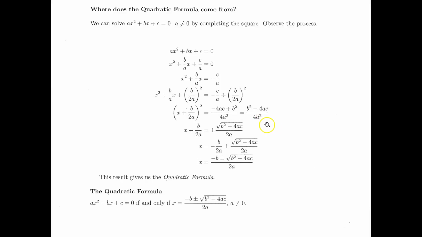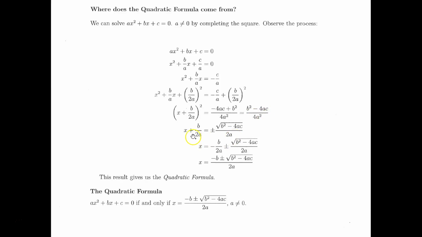We then use the square root property, and we take the square root of both sides. We have x plus b over 2a on the left-hand side, and plus or minus the square root of b squared minus 4ac over the square root of 4a squared. The square root of 4a squared is 2a.